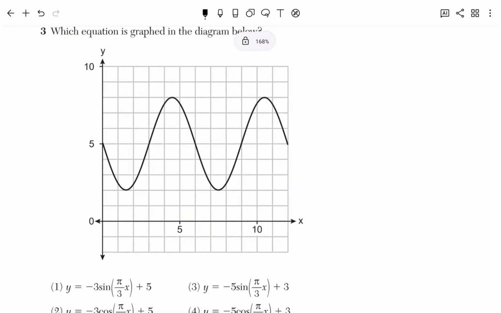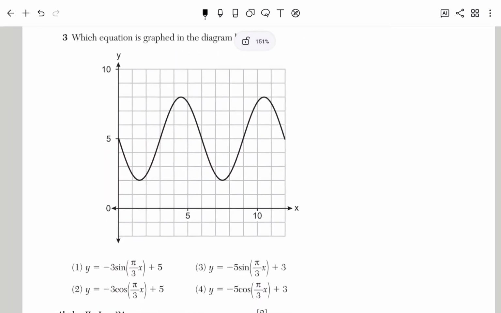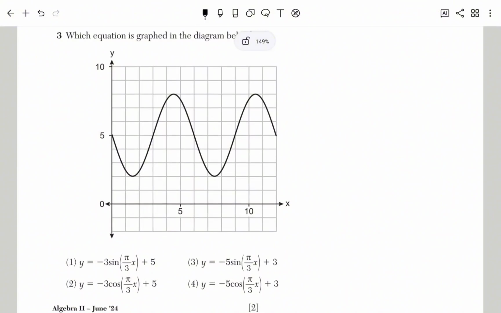Question number 3 says, which equation is graphed in the diagram below? So we're given options of sine and cosine, and we have to find which equation is right. First things first, I want to know whether it's sine or cosine. We know that sine follows the pattern of midline, max, midline, min, midline, or it could start at min, midline, max, midline.